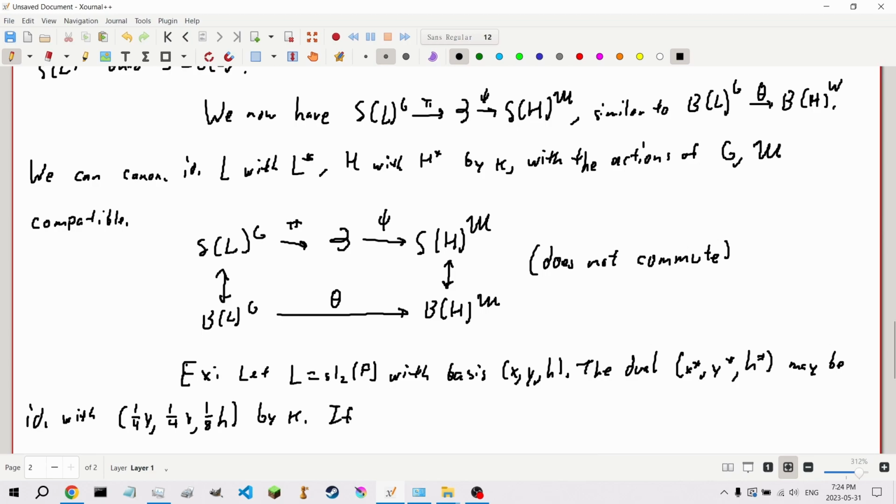Now let lambda be the fundamental dominant weight, which would make it half of alpha.